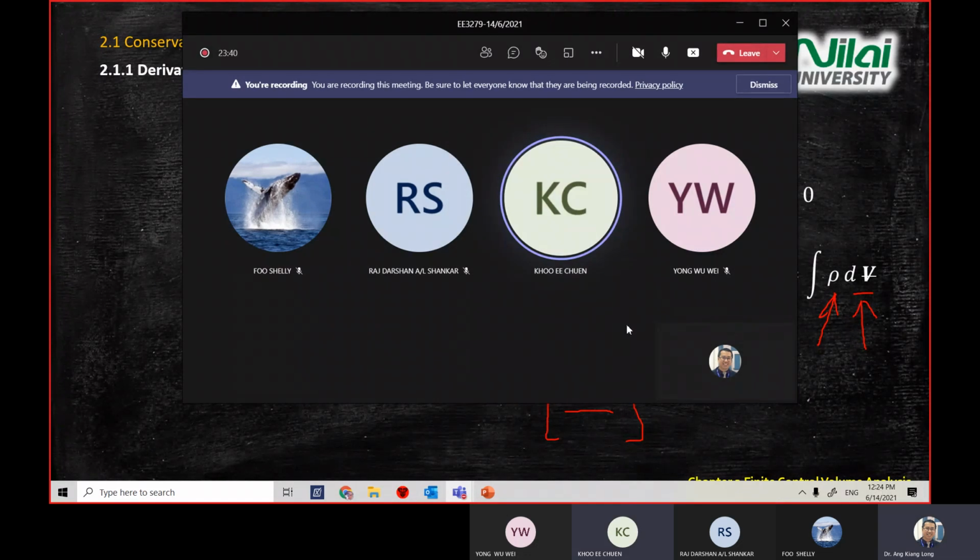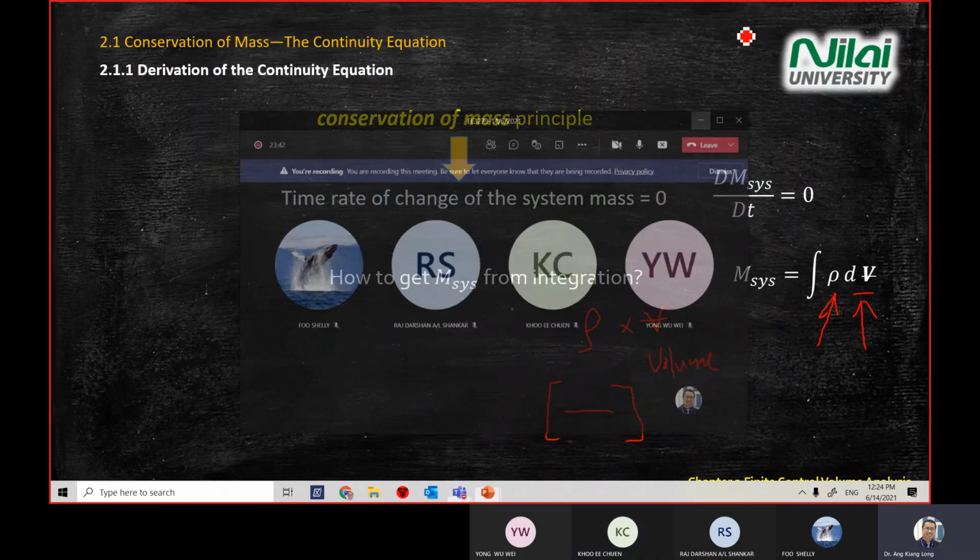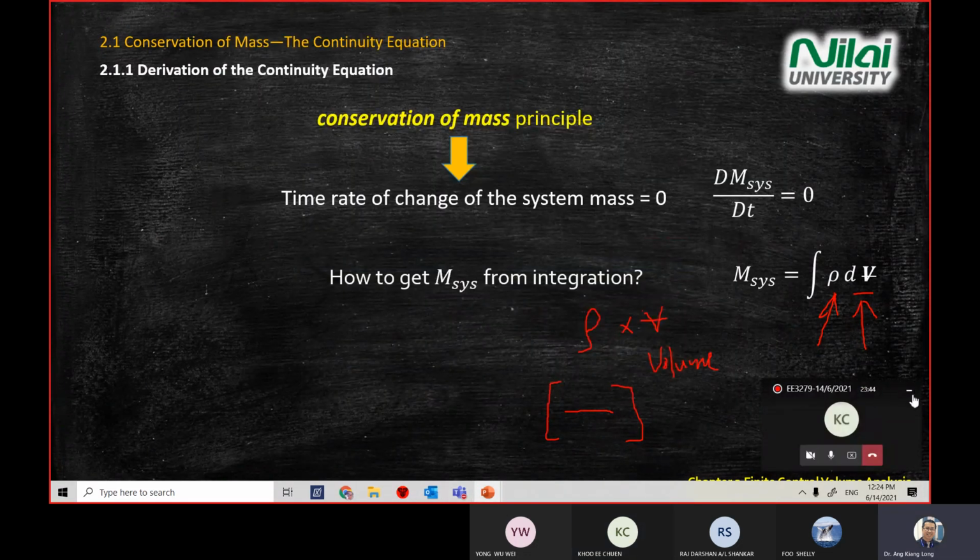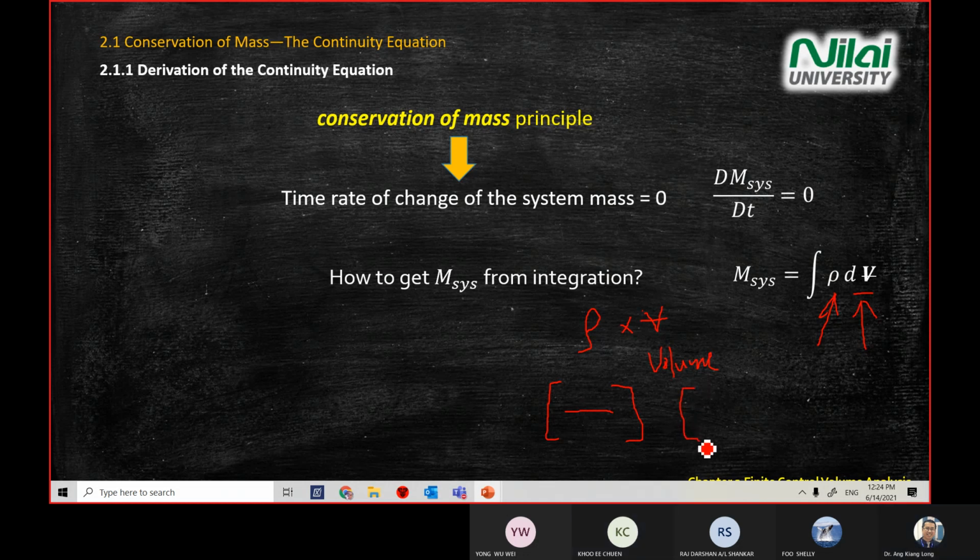Okay, cool. Give me the unit of density. What is rho? Unit SI? What is the density unit?